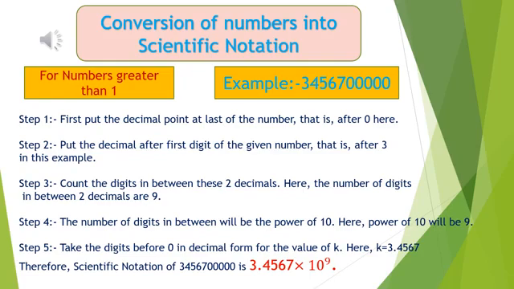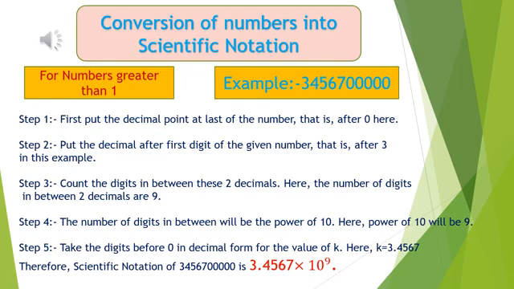Count 1, 2, 3, 4, 5, 6, 7, 8, 9. How many digits is it? 9 digits. So step number 4 says the number of digits in between these decimals will be the power of 10. It means your value of n will be 9.